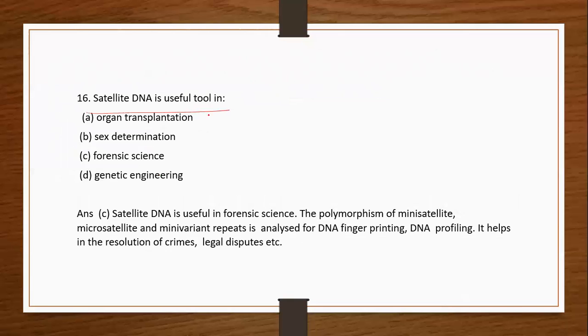Satellite DNA is a useful tool in organ transplantation, sex determination, forensic science, or genetic engineering. Now, satellite DNA, we know, is useful mainly in forensic science. The polymorphism of minisatellites, microsatellites, and mini variants is repeated and is analyzed by a technique known as DNA fingerprinting or DNA profiling.